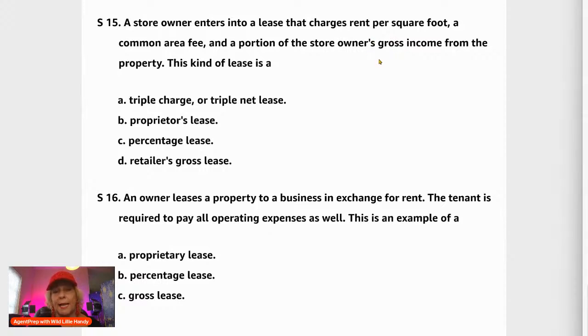owner's gross income. Okay, so with a triple net lease and other leases, they're paying for utilities, for maintenance, property taxes, insurance. Okay, it doesn't say that here. So leases are typically per square foot when it deals with commercial, and that would be a general, a normal lease.